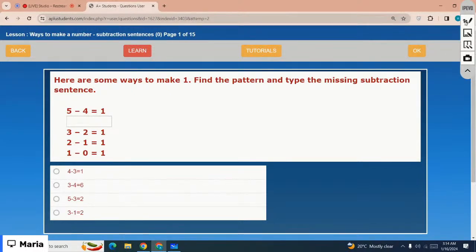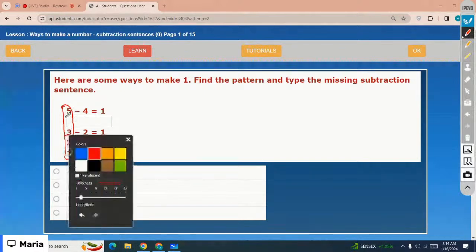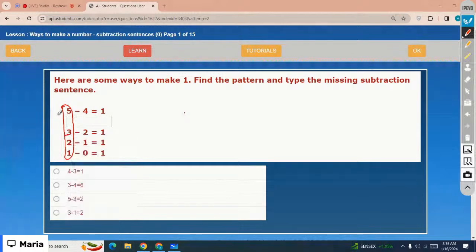Just look at the first numbers. If you start from here, they are decreasing by 1. 3 minus 1 is 2. 2 minus 1 is 1. Every next number is less than the previous one. So that means 5, 3, 2, 1, and the number between 5 and 3 is 4.